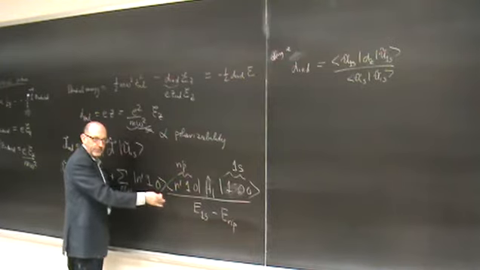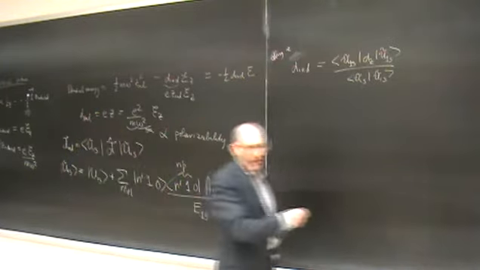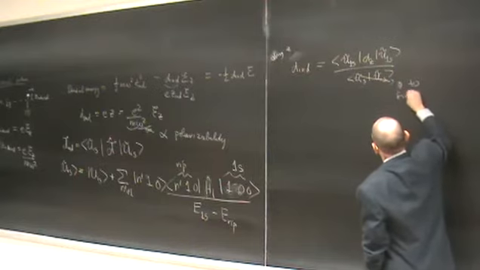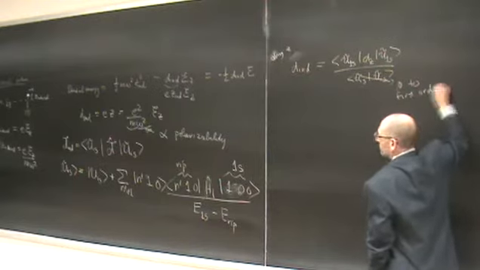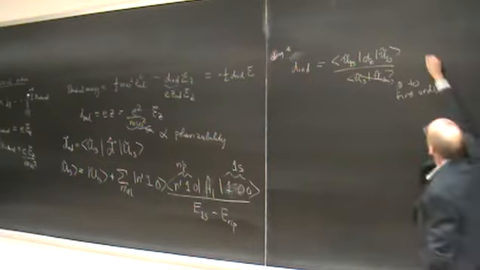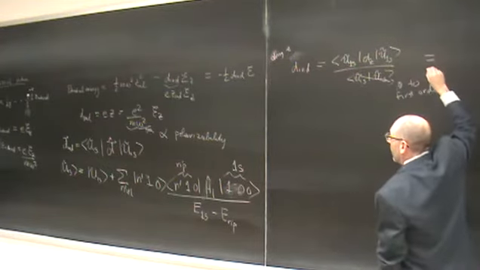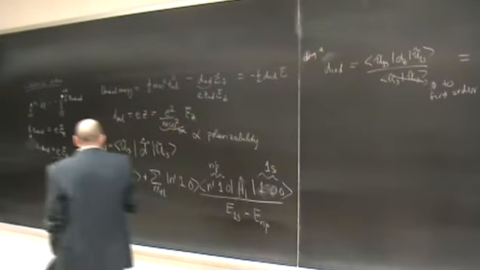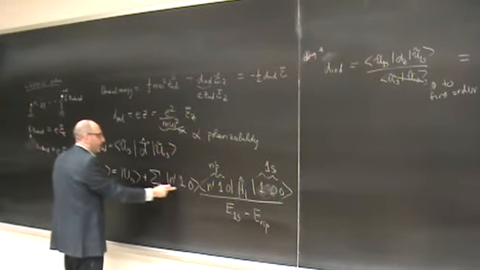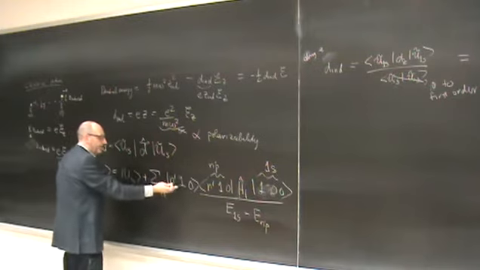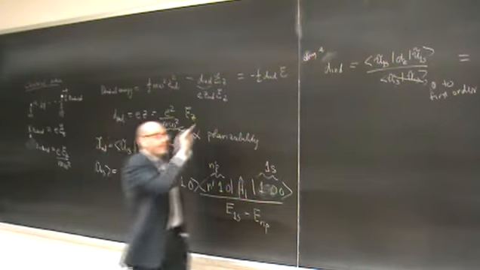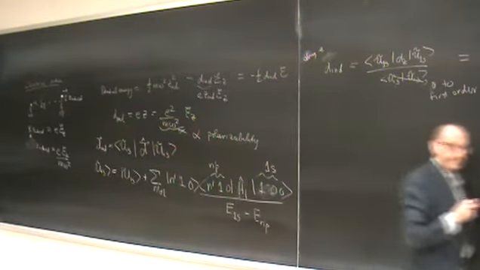This is quadratic when I square it. So to first order, I can ignore this. Okay? And so then what I get is the following. The only non-zero matrix elements are the off-diagonal ones. All the diagonal ones of this or this are 0 because of the parity selection rule.